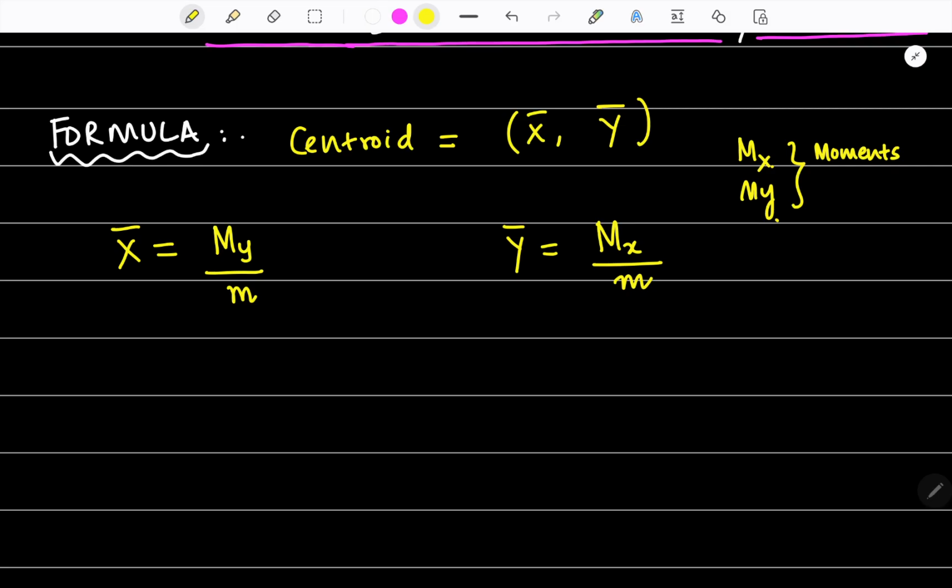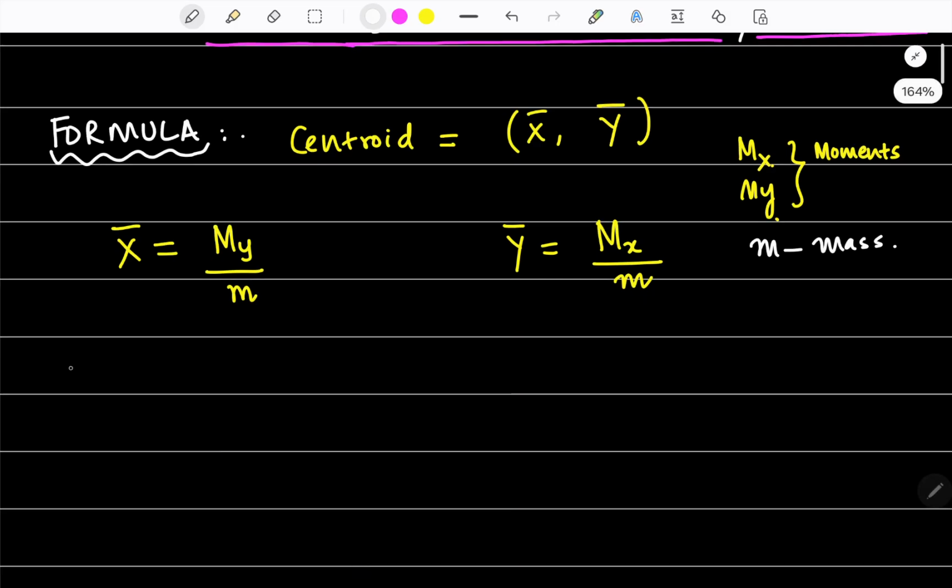Now what about the small m? Small m is nothing but mass. So x bar is My by m and y bar is Mx by m. Teacher, will My, Mx, and m be given directly? No, no, no. You have to calculate them using the formula.